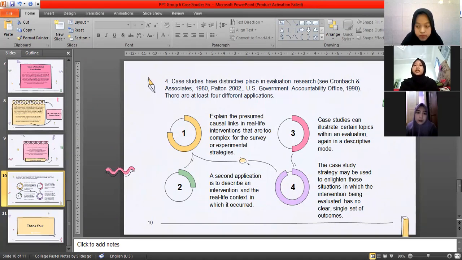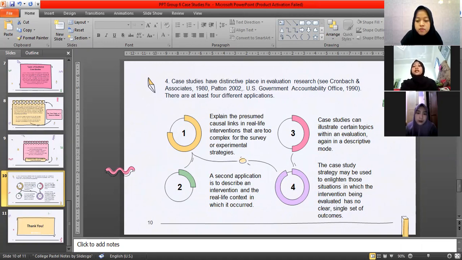The second application is to describe an intervention and the real-life context in which it occurred. The third is case studies can illustrate certain topics within an evaluation, again in a descriptive mode.